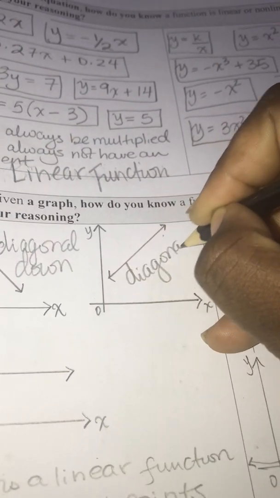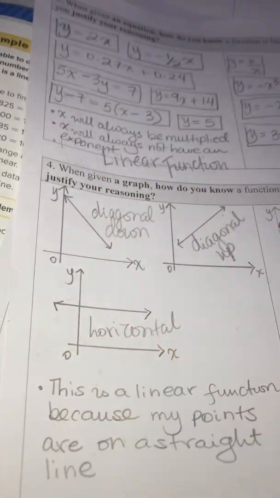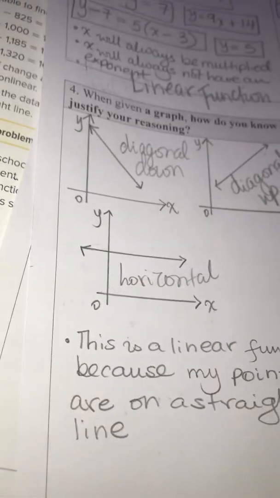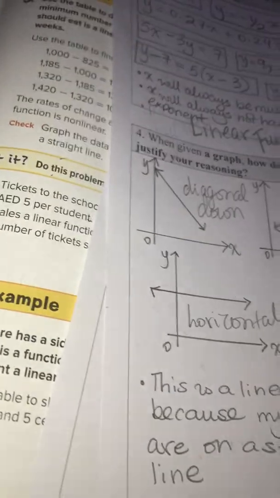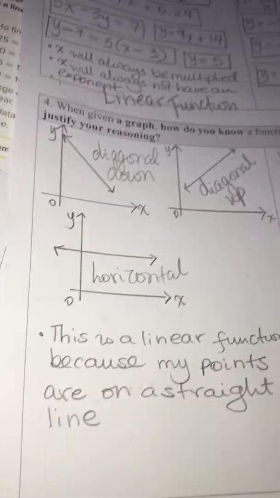Diagonal down, diagonal up, horizontal. Only 3 of them. These are the only 3 linear functions. There is no more. Don't put the vertical line. It is not a linear function. It is a linear graph, but not a linear function.